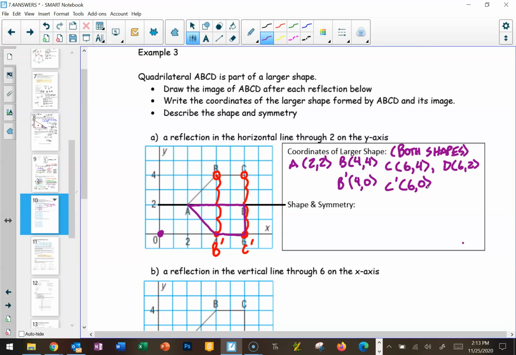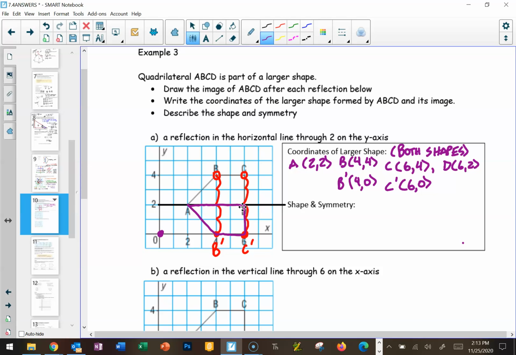So 6, 0. And I think that takes care of all the points because they share point A and they share point D. So those are all of the coordinates for every single point in here. And if you wanted to just do the bigger shape, I guess it would be A, B, C, C prime, B prime, which we've got, but we also included D in there, even though D was only the halfway point. Okay, now what's the shape and the symmetry?